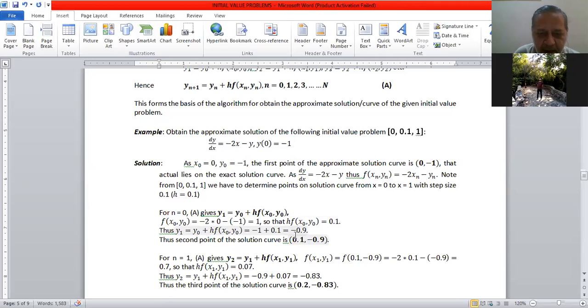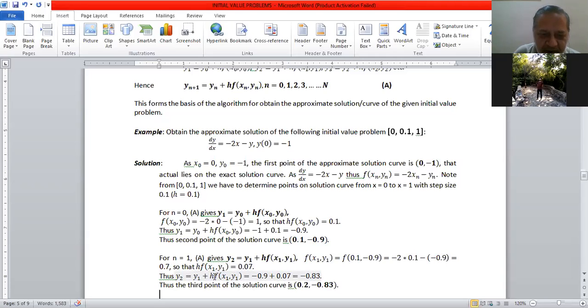Now we have found x1 y1. Now we go to find out y2. So y1 value is -0.9, h value is 0.1, and f of x1 y1, where this is x1 y1. So x1 is 0.1 and y1 is -0.9 put into this formula. So -2 times x minus of y, and we get 0.7, so that h times f of x1 y1 comes out to be 0.07.